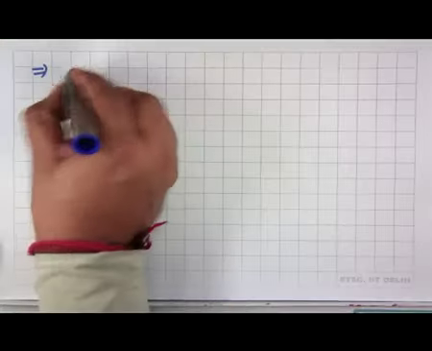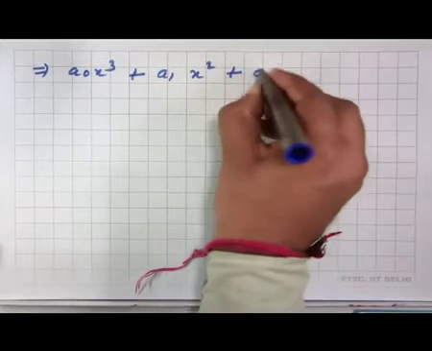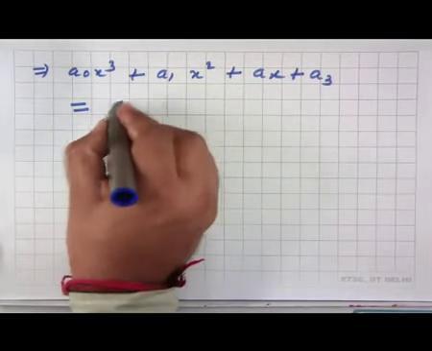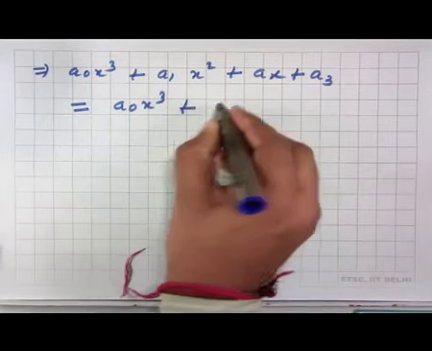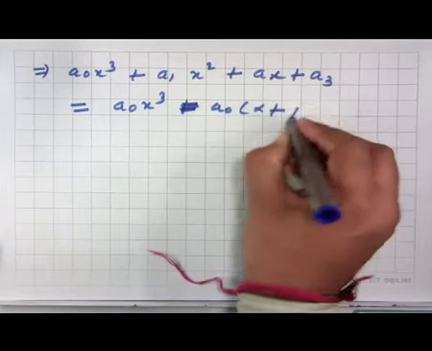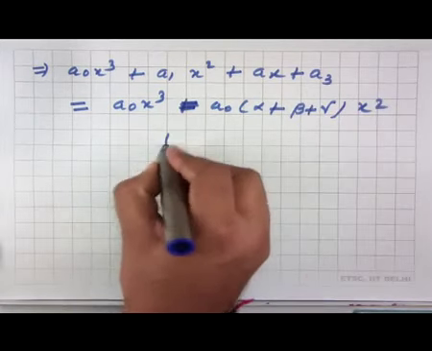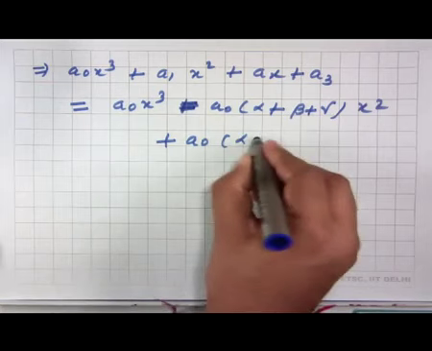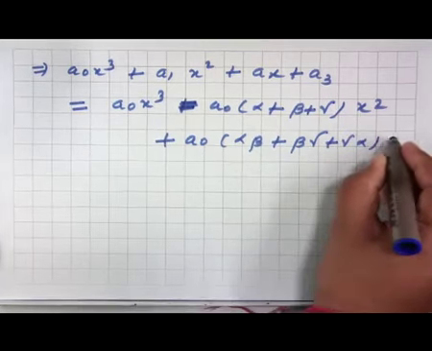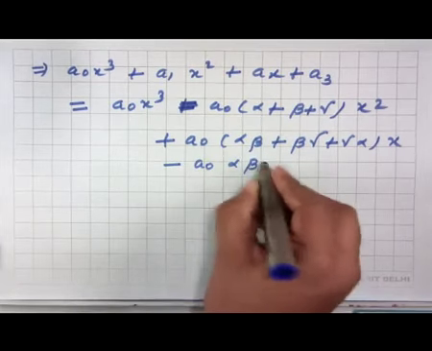Now we can compare: a0 x³ + a1 x² + a2 x + a3 equals a0 x³ − a0 (alpha + beta + gamma) x² + a0 (alpha beta + beta gamma + gamma alpha) x − a0 alpha beta gamma.